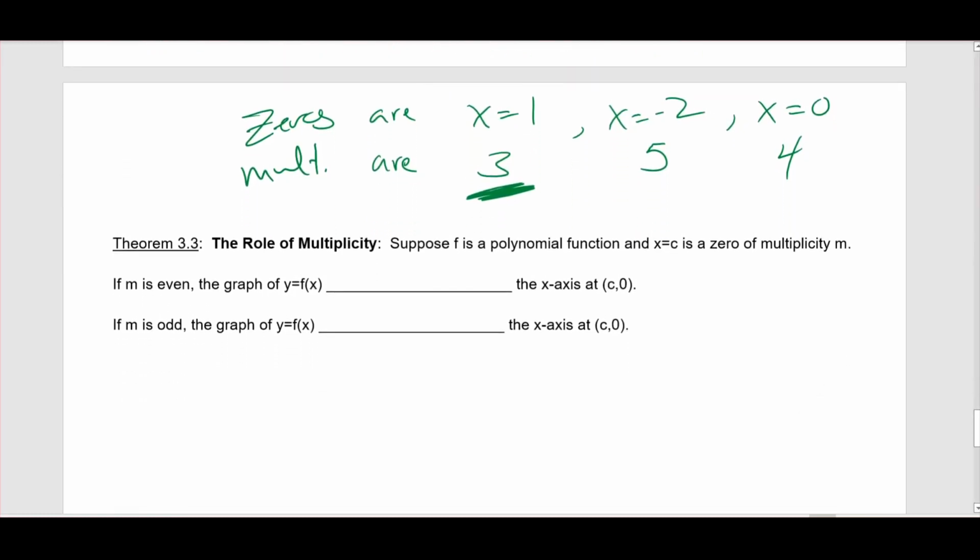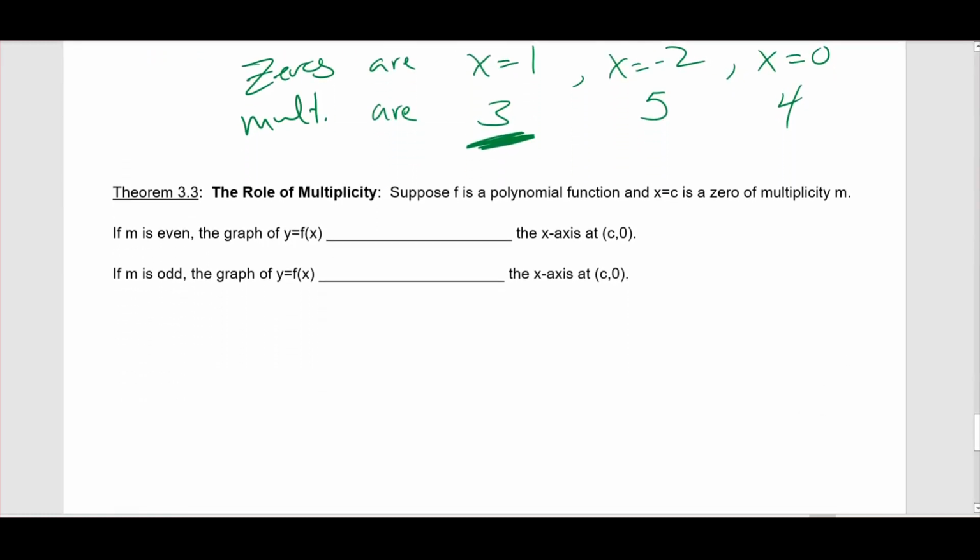Well, think about the easiest things we can. So if I have y equals x squared, our 0 here is, well, 0. And what happens on this graph? Well, if I've got an even power, that object is always positive or 0. It never changes sign. It's either 0 or positive.